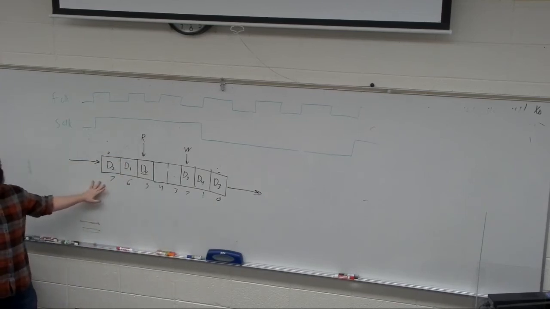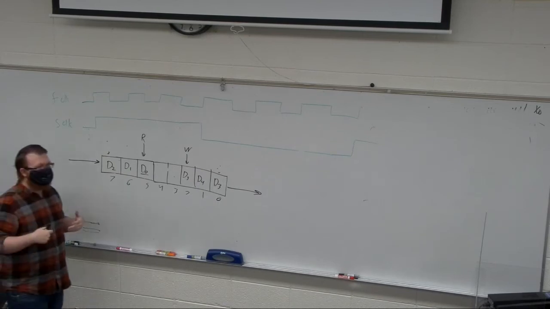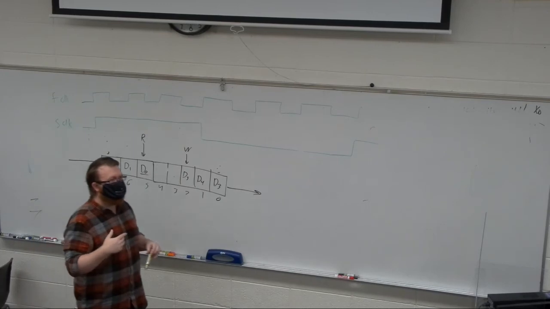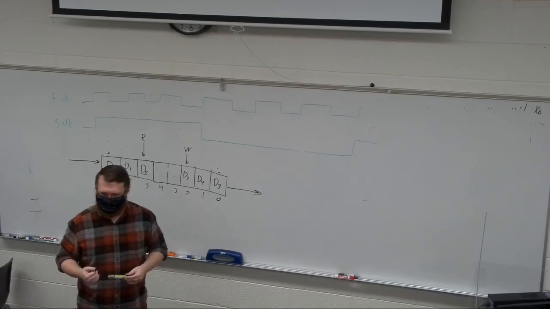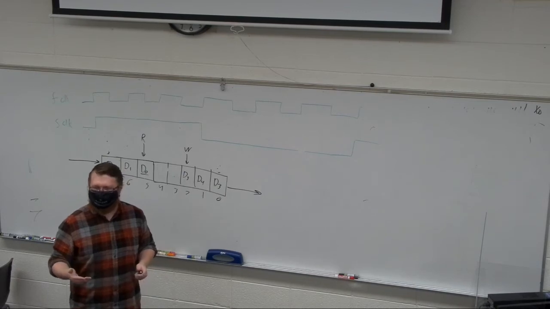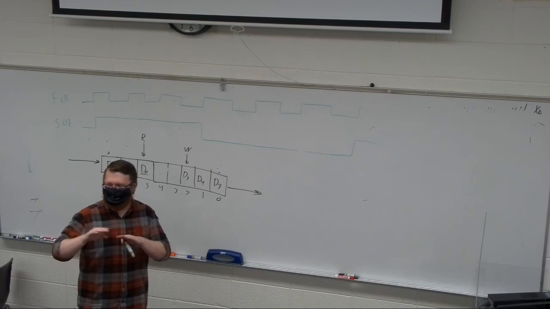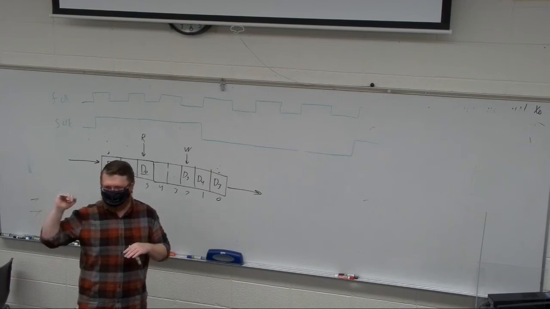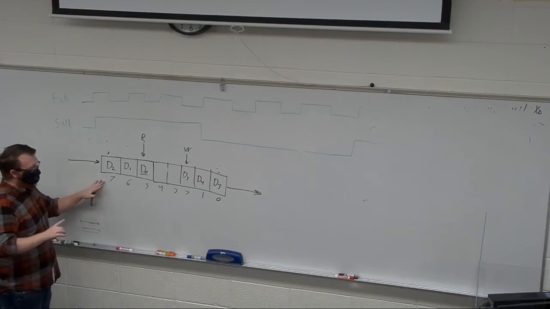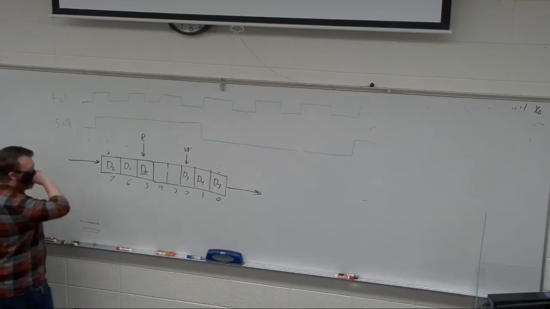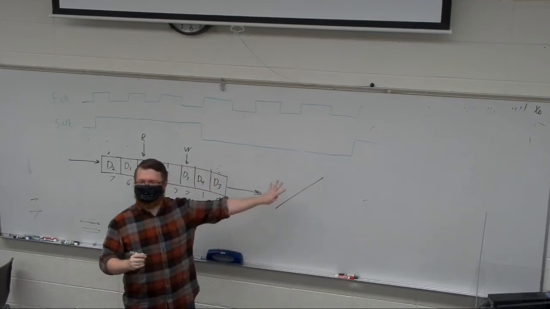So let's say I'm monitoring some signal and I want to make sure that it doesn't change too quickly. So I don't really care about each individual point. I care about the changes between each point, right? If I have a signal that's going something like this, a nice slow ramp, it's ramping up.